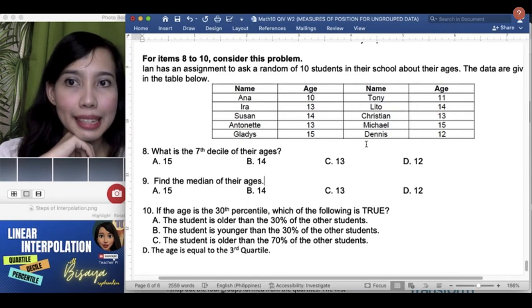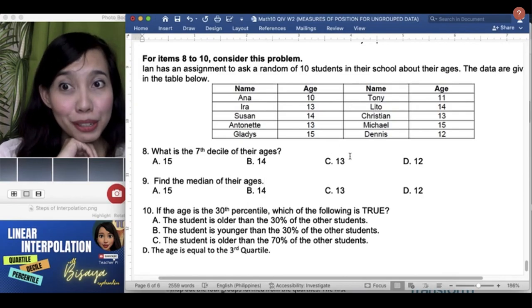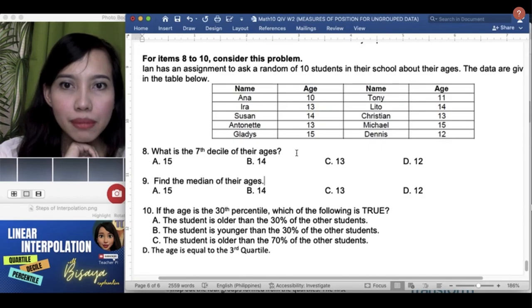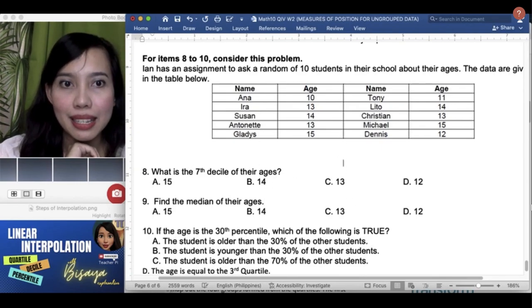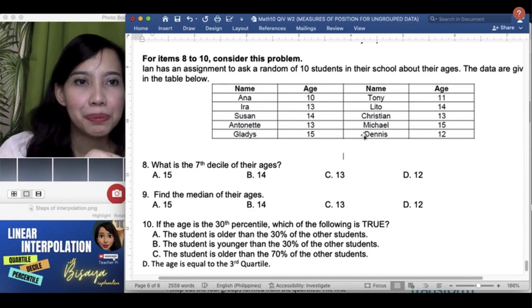So, it is in a table, but it is not yet grouped data. It is still ungrouped data that we are looking at. What is the 7th decile of their ages? First, we have to arrange the ages in ascending order.